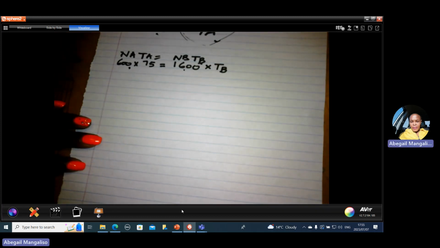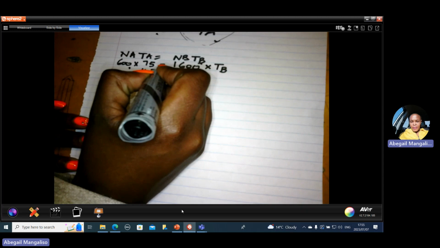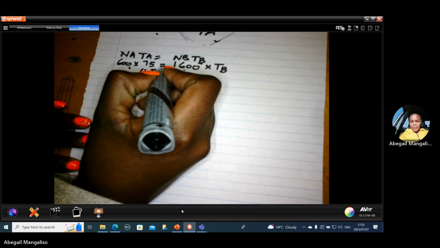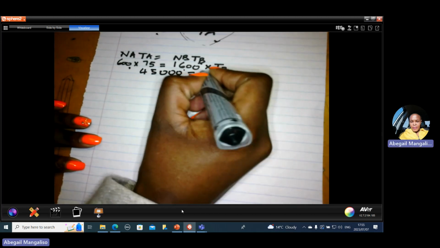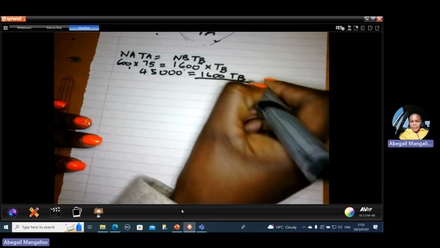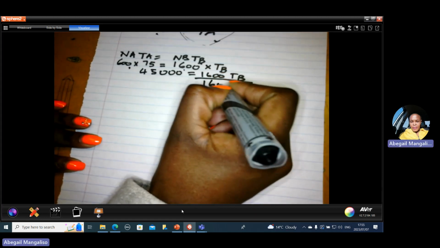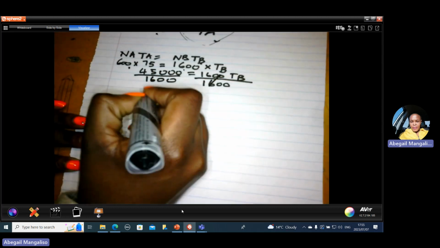Then we use a calculator: 600 multiplied by 75 is 45,000, equal to 1,800 TB. Divide both sides by 1,800, so it cancels out.